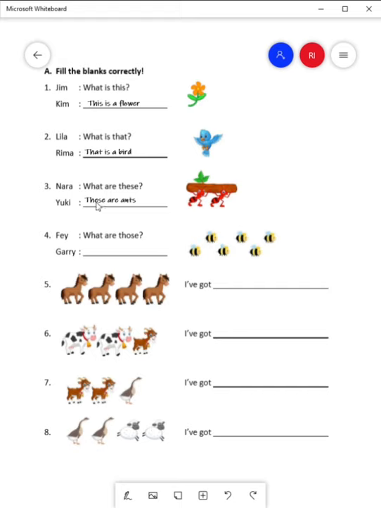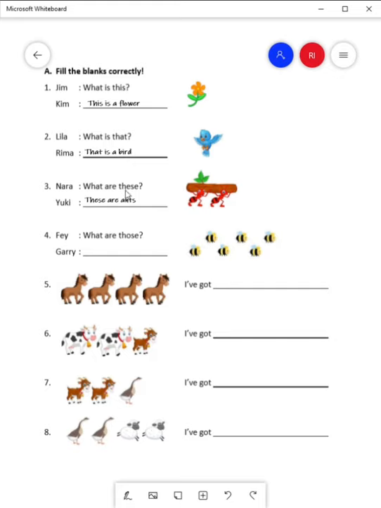Okay, for this one, these is actually a bit different than these 2 questions. This and that, I remind you, both of them are used for one thing only. Okay, so only one thing that we can say with this and that.